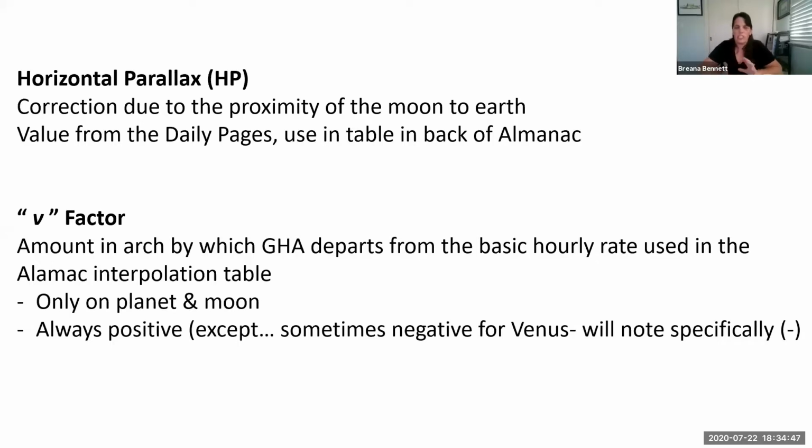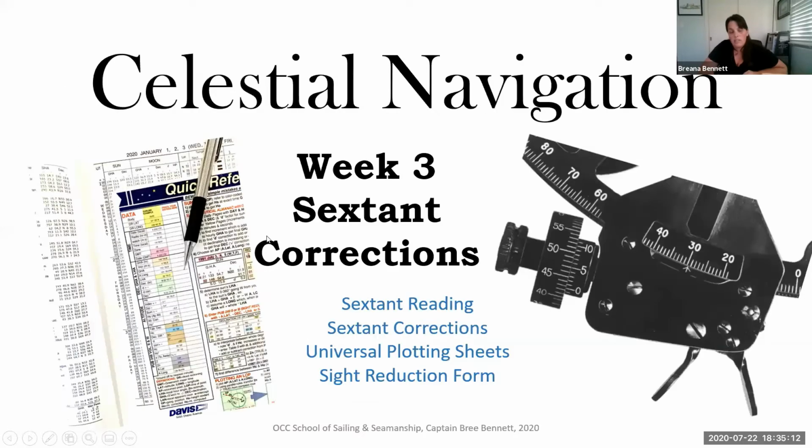So it has to do with time, basically, and it just takes into account the difference in how the almanac interpolates standard times versus the planet and the moon, how they cycle on a little bit different time. So that's why we have an additional little V factor. So I added that.